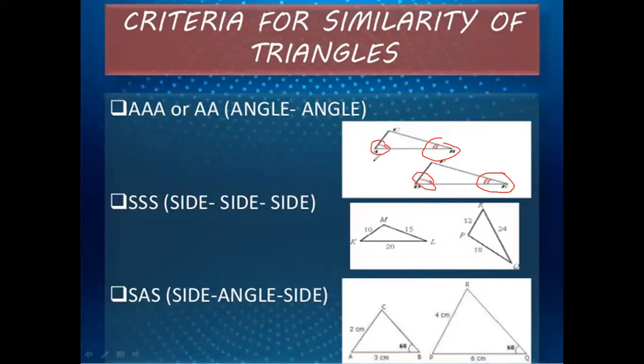So if two angles correspond with the angles of the other, then they are similar, just like on this illustration. Okay, so one angle corresponds to the other angle, so they are of course similar.